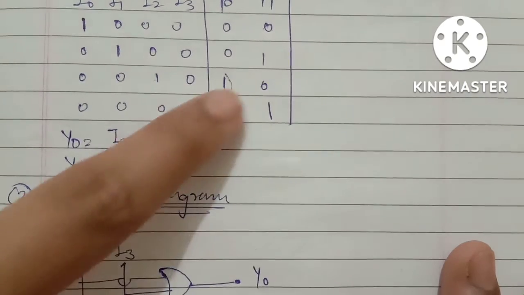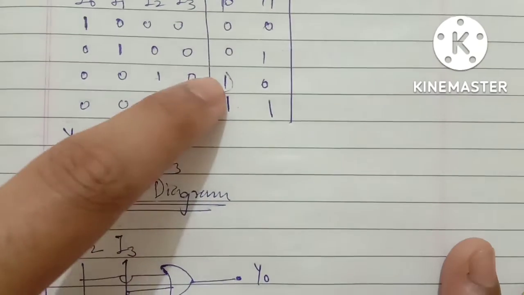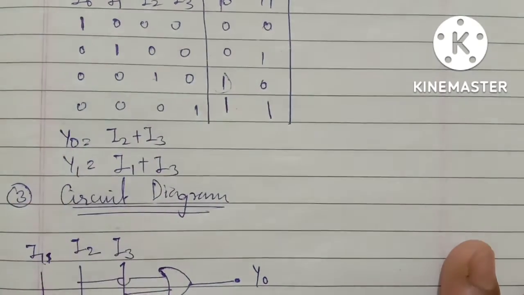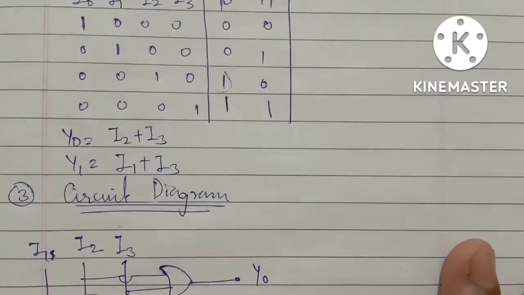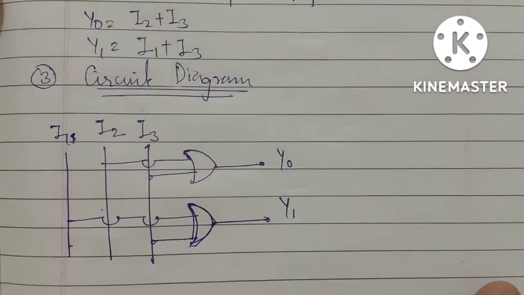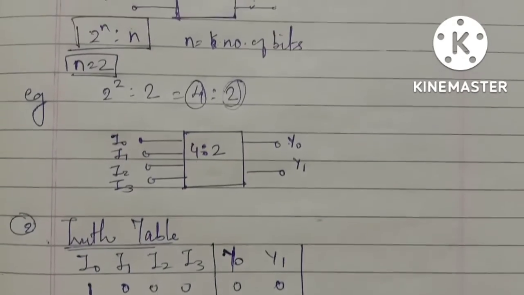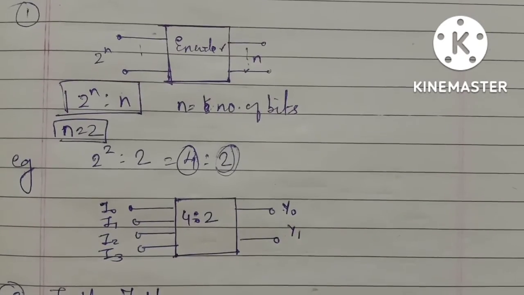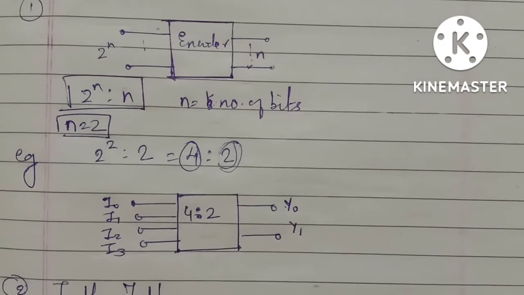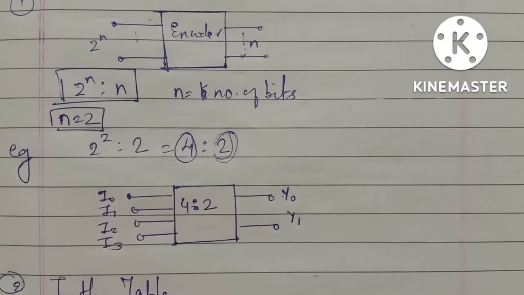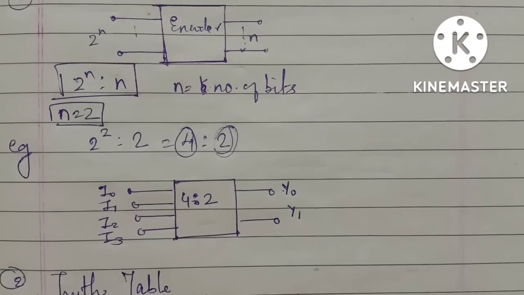No need to do more than see the ones, which are called high or minterms, and then directly write it. Then you have to draw a simple circuit diagram. This is the basic thing you need to remember for the encoder. The rest we'll see in questions. So the basic requirement of the encoder is completed.